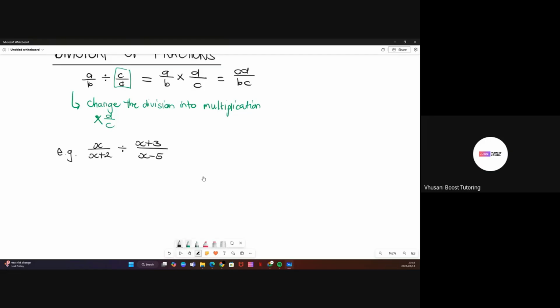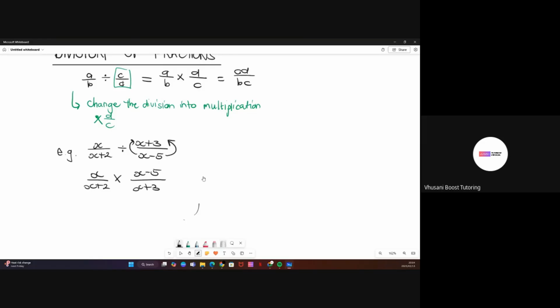So remember what I told you, just do that extra step. So x divided by x plus 2 stays the same. Then I put a multiplication symbol at the front, and then I just swap these two. So I get x minus 5 in the numerator, and then x plus 3 in the denominator, right?